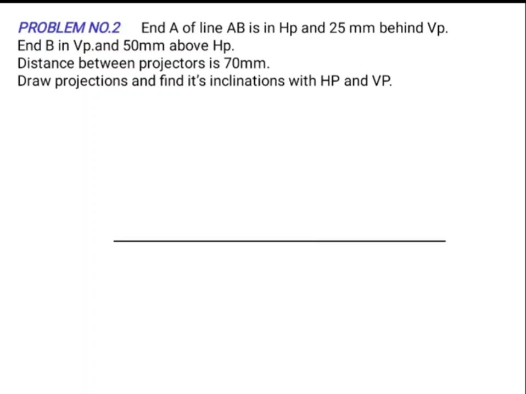Now the solution will be like this. Starting from XY, at any convenient location we can draw the vertical projector, and the distance between end projectors is given as 70 mm. So two vertical projectors are drawn at a gap of 70 mm. In the first vertical projector, we can mark the end A, which is on the horizontal plane.